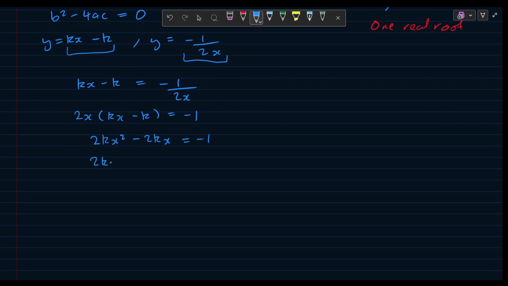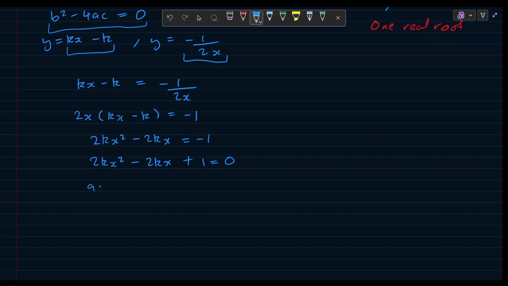So that becomes 2kx squared minus 2kx plus 1 is equal to 0. Now that we have reduced this to a 3-term quadratic, we can apply our discriminant, b squared minus 4ac, and in this instance, since we're looking at a tangent, it means our discriminant is equal to 0.